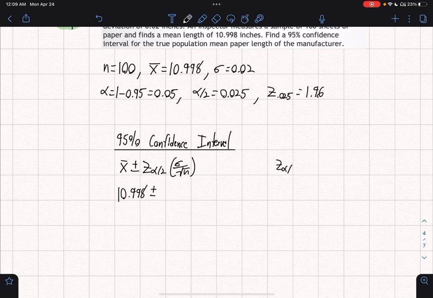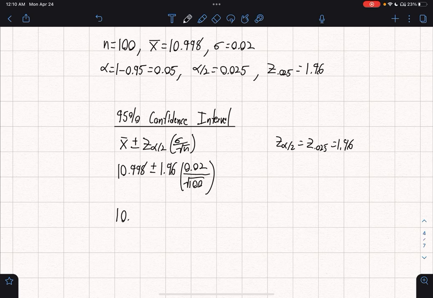Z alpha over 2 is just z.025, which is 1.96. So I'm going to plug in 1.96. Sigma, that was given to us, was 0.02. And then our n, so square root of 100, because n was 100.